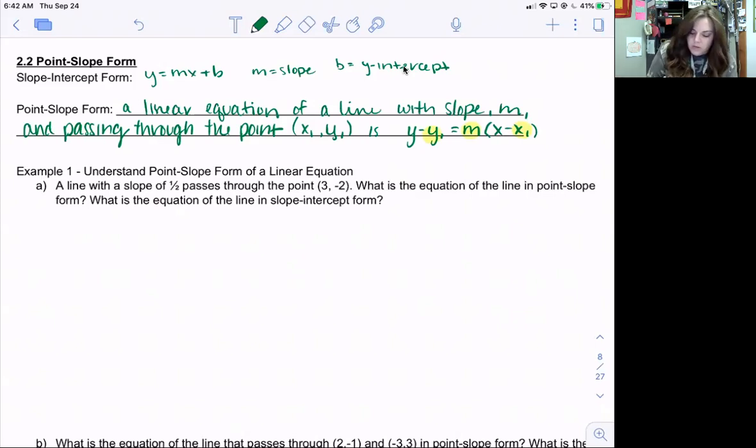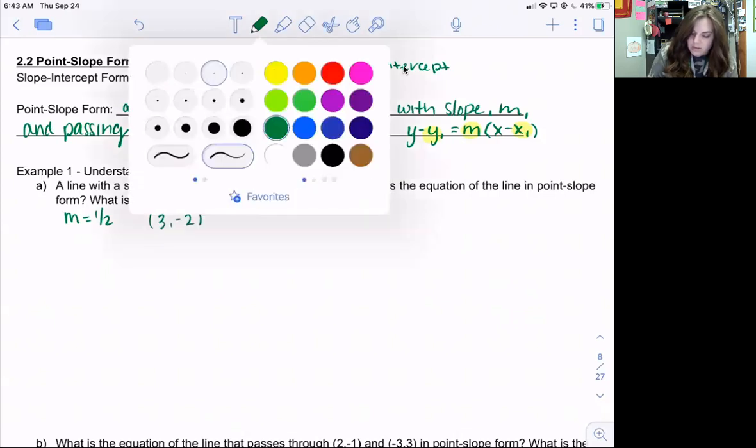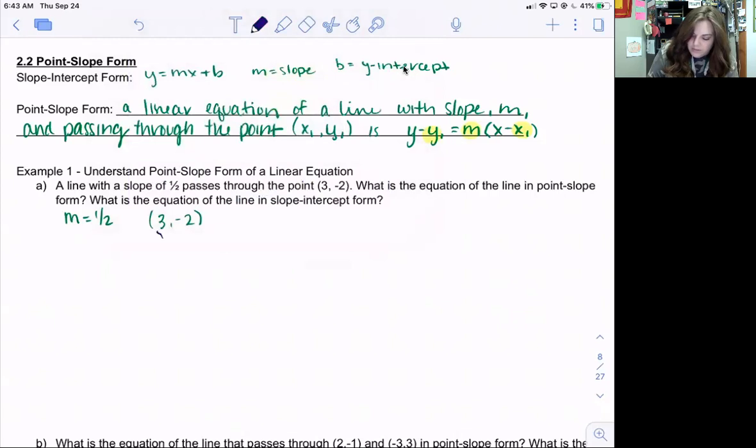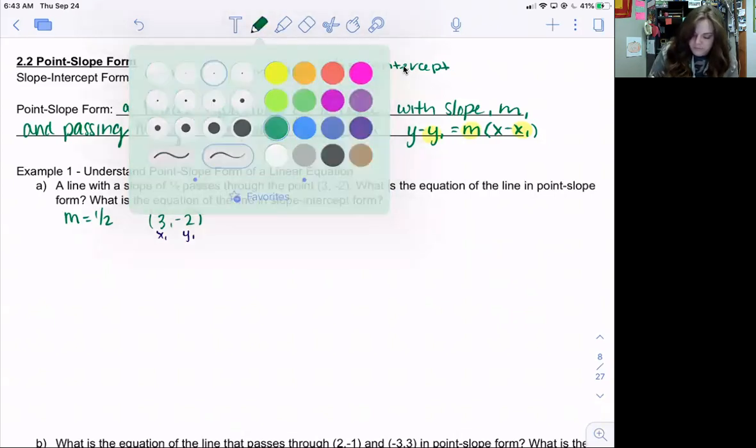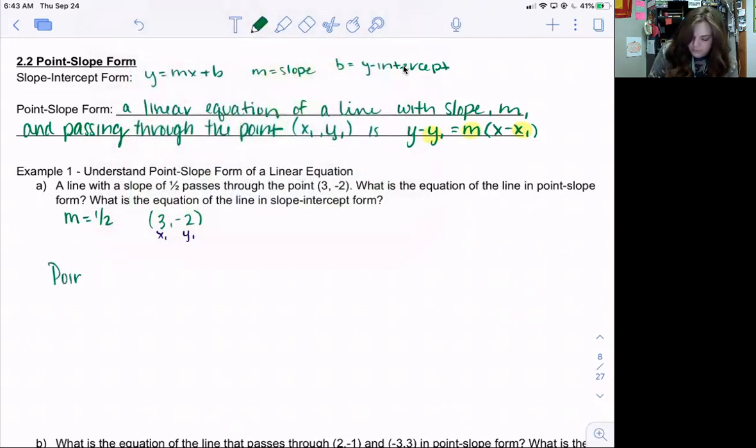So we know the slope m is 1/2 and our point is 3, -2. And I'm going to go ahead and label that as our x1, y1. Okay. So for our point slope form, we rewrite our equation, y minus y1 equals m times the quantity x minus x1.